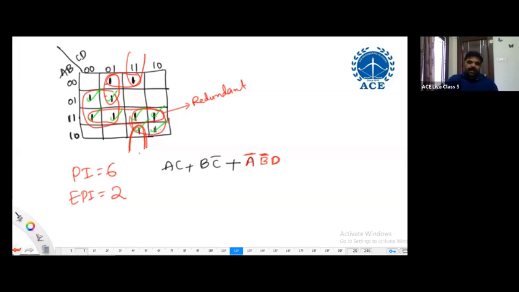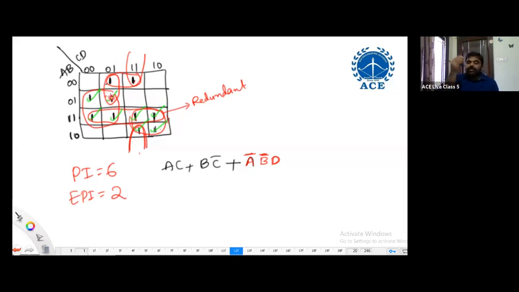So this example is a specific example which I've been taking because mostly you might be forgetting this one possibility, one mistake. The other thing is you may be getting essential prime implicants as 3, because when you don't group this one, it also becomes essential. Then there will be 2 redundant.